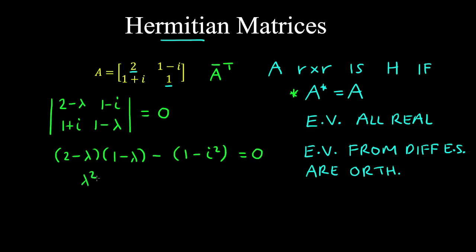So therefore lambda squared minus 2 lambda minus lambda plus 2, and i squared is minus 1, so this expression evaluates to 2. So we have 2 minus 2. If you factorize this expression, you get lambda 1 is equal to 0, or lambda 2 is equal to 3.